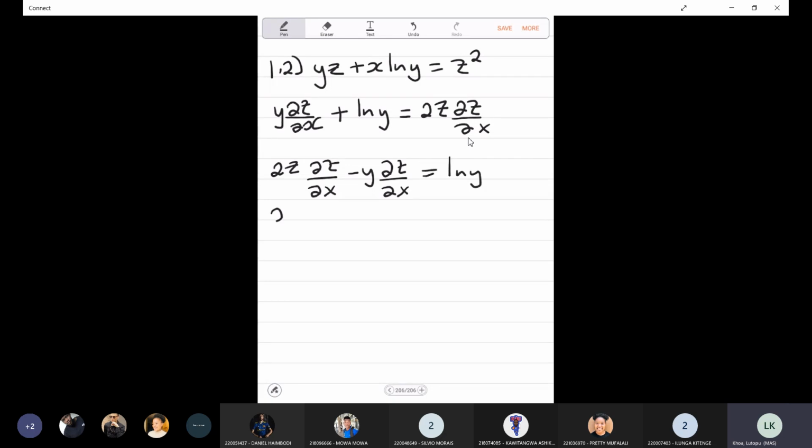So we factor out dz/dx. This is (2z minus y) dz/dx equal to ln y, and therefore dz/dx is equal to ln y over 2z minus y.